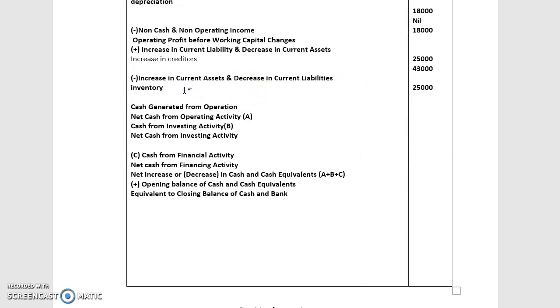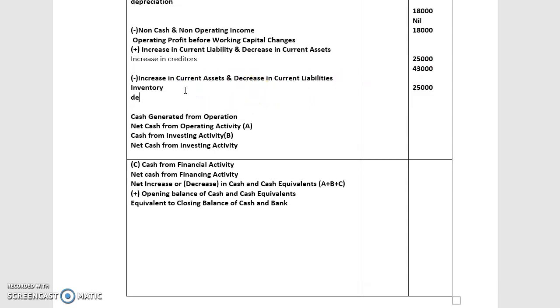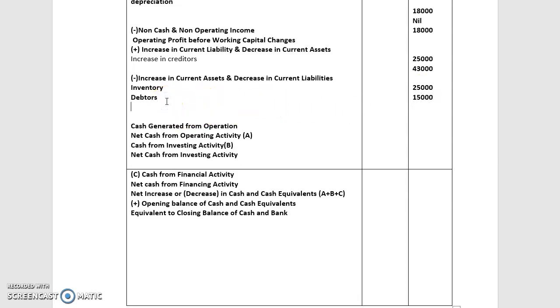Then debtors, the difference, that is also increased, 5,000 and 20,000, 15,000. And after debtors it is prepaid expenses. Prepaid expense difference 2,000, 4,000, so 2,000 will be the difference.